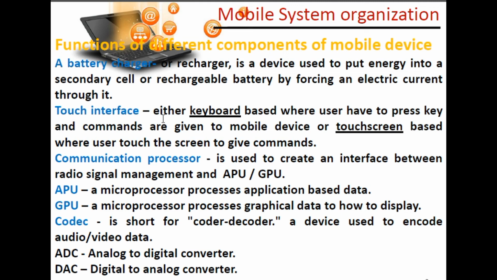So this is under codec. As I taught you, it will convert electronic signals, I mean voice signals, to digital signals and vice versa, and visual content to electronic signals and vice versa. So there are two components of codec, that is ADC and DAC. ADC converts analog to digital, and DAC converts digital to analog.